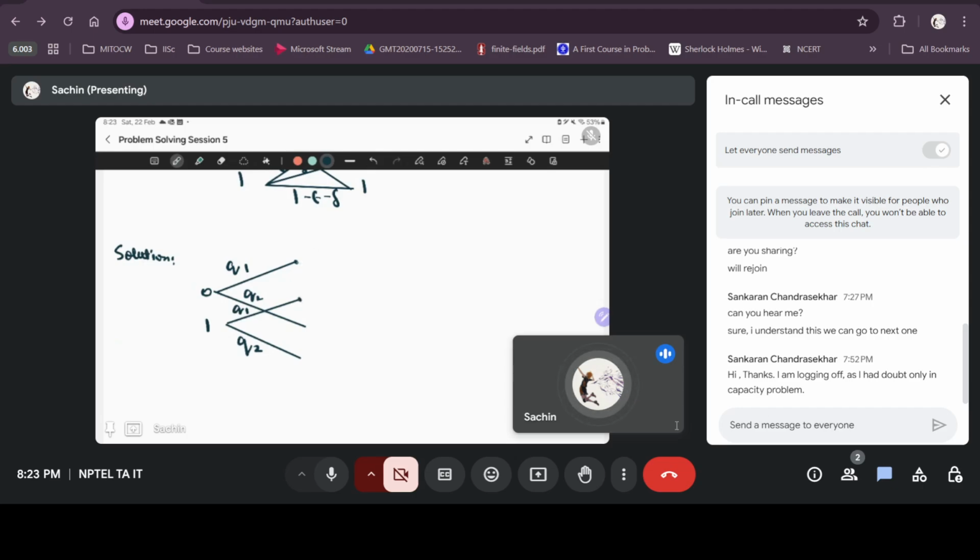In the first channel, 0 goes to 0 with probability 1 minus X, and goes to 1 with probability X. Similarly, 1 goes to 1 with probability 1 minus X, and goes to 0 with probability X. In the second channel, both of them go to delta with probability Y.